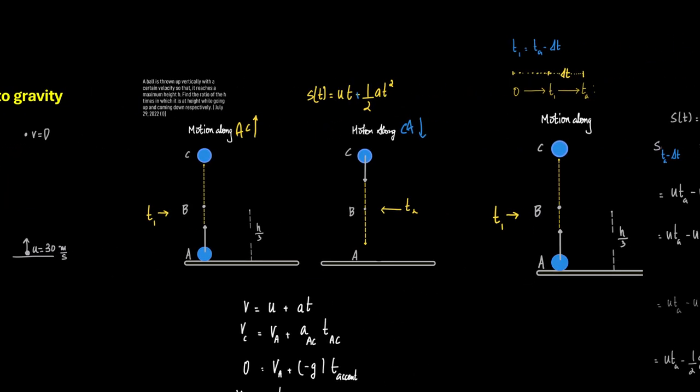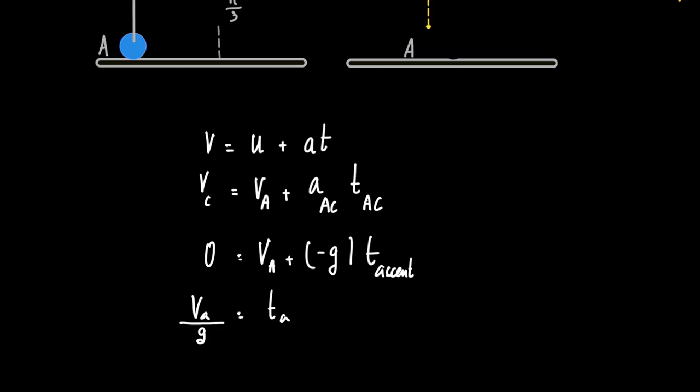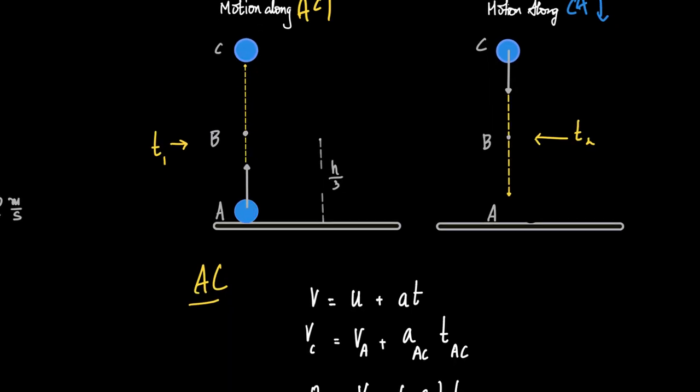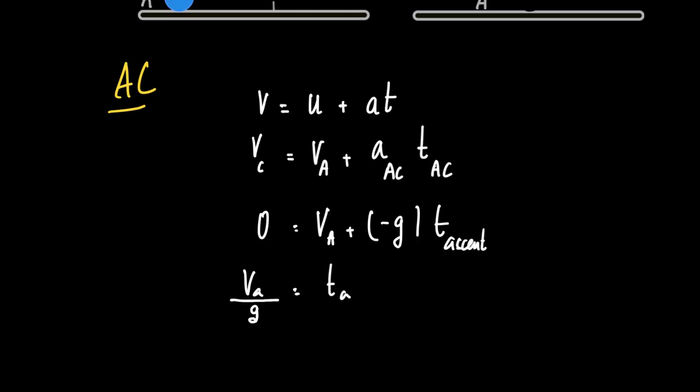First things first, v = u + at. And for the motion along AC, which means for this motion from A to C, VC is equal to VA plus acceleration along AC times the time to reach C from A. What is the acceleration along AC?